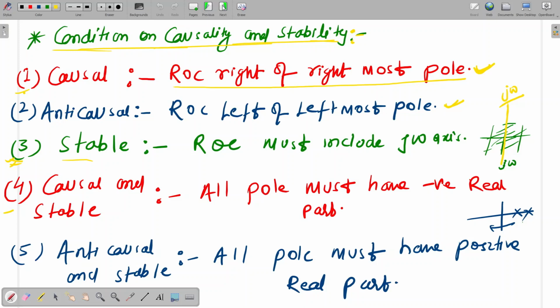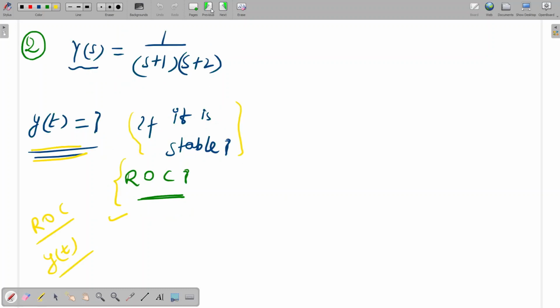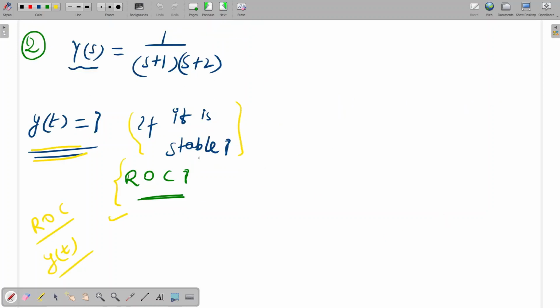You are telling the ROC is sigma greater than -1. Okay, let me see. The poles are at -1 and -2.